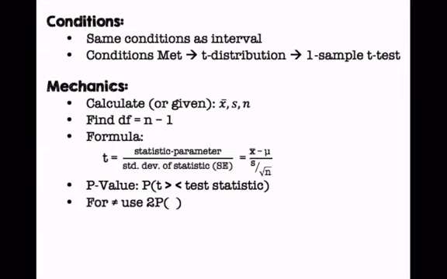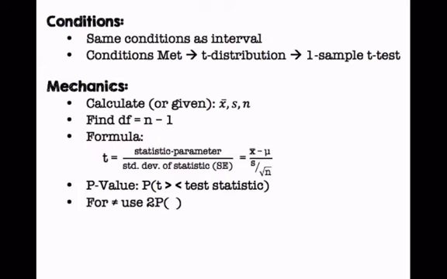For the mechanics, we're going to calculate or be given x bar, s, and n. So we put all the data in. We do stat, calc, one variable statistics. We get all of that information. We find degrees of freedom by subtracting 1 from my sample size. Then the formula. Remember, you can get all this information for the formula on your reference sheet. You just have to know how to read the reference sheet.